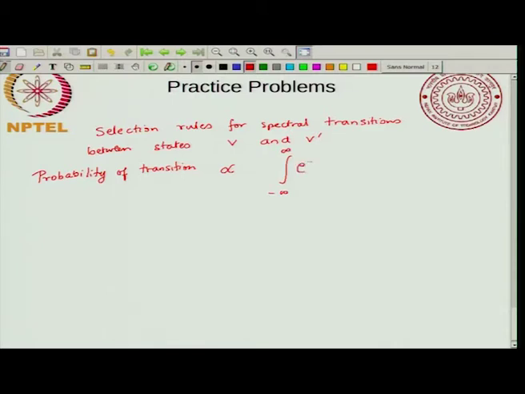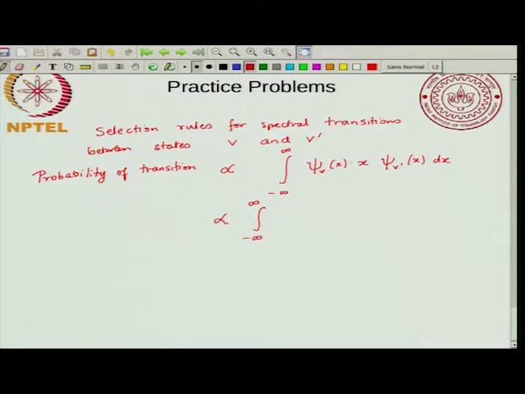So you have psi v of x, x, psi v prime of x dx. If you remember the expression for psi v, you had exactly an exponential factor: e to the minus alpha x square by 2, and another e to the minus alpha x square by 2.